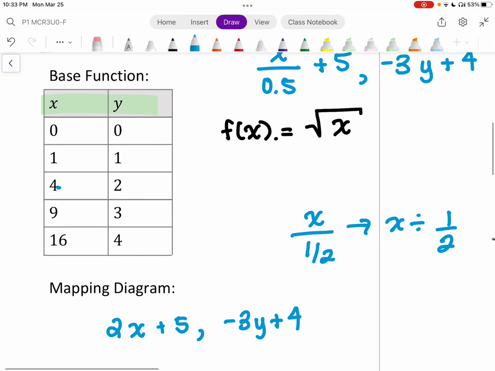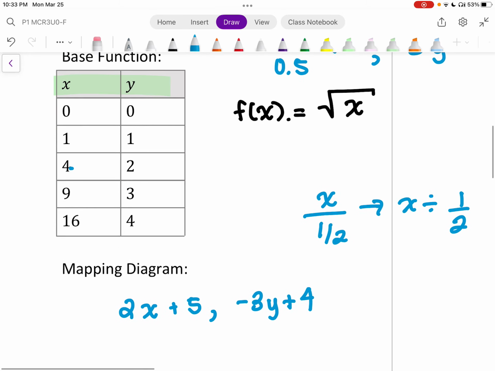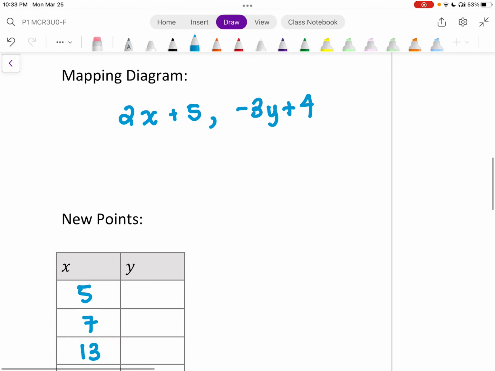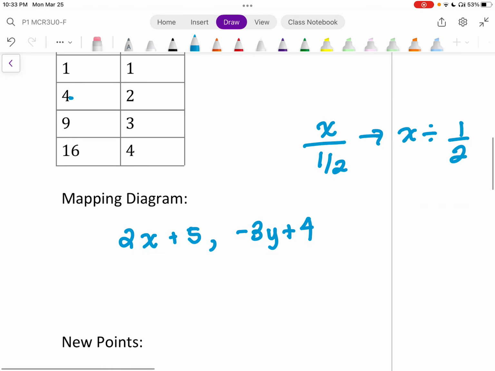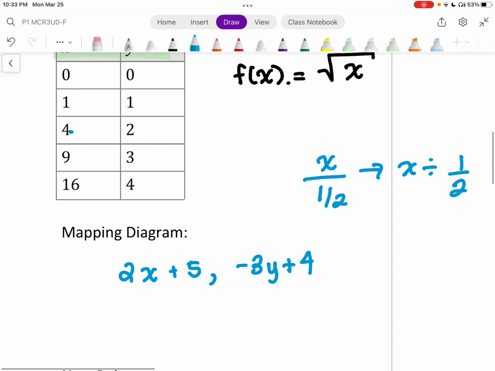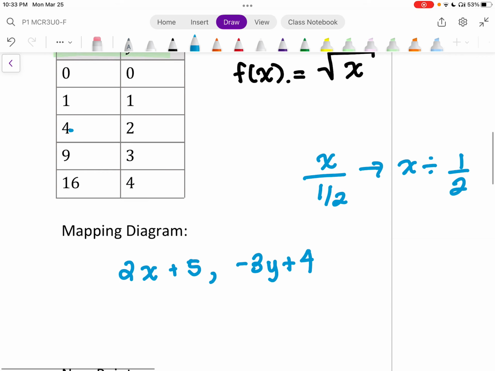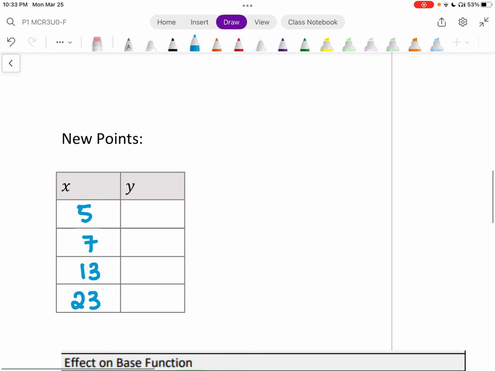Moving forward, I'm gonna go ahead and plug in all my y values. So if I have y over here, it's going to be -3 times 0 plus 4, which is going to give me 4. Then I have -3 times 1 plus 4, which is going to give me 1.